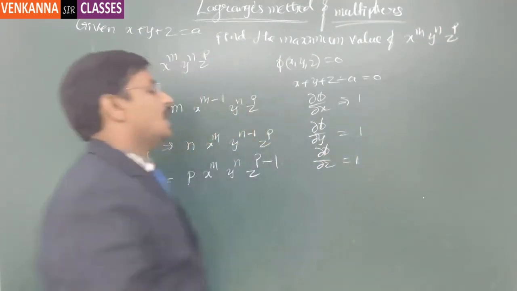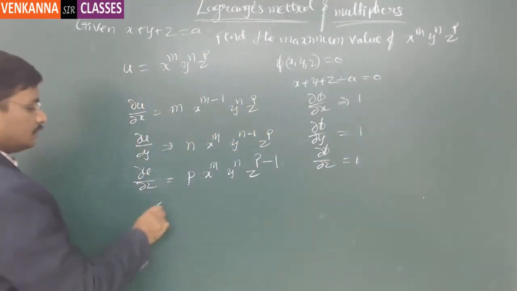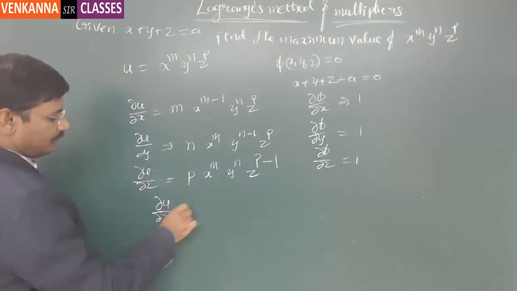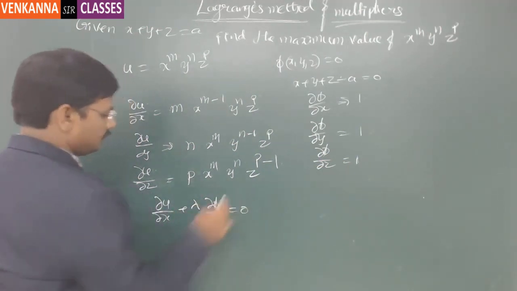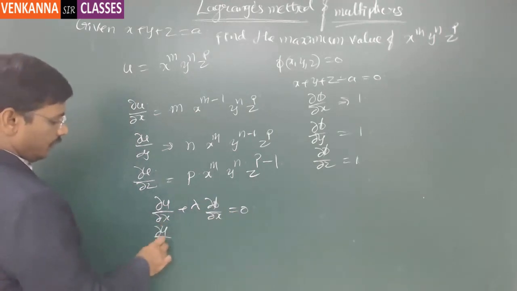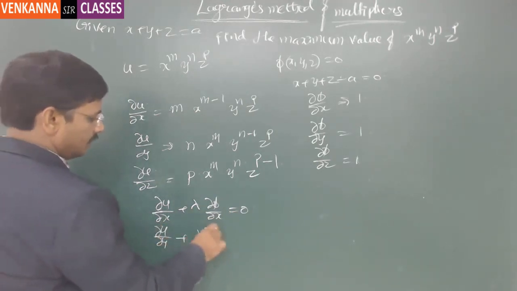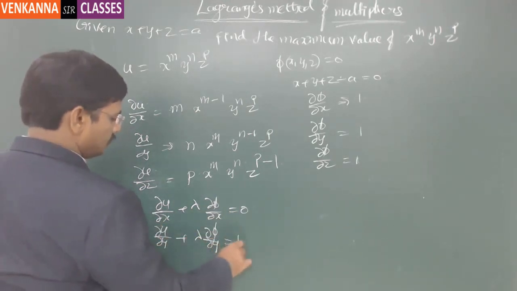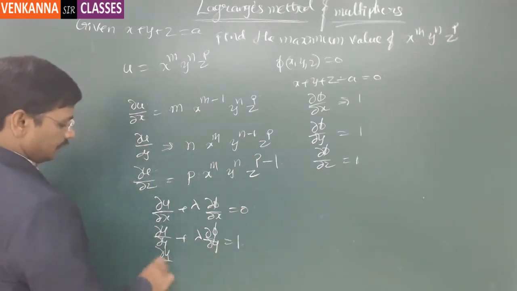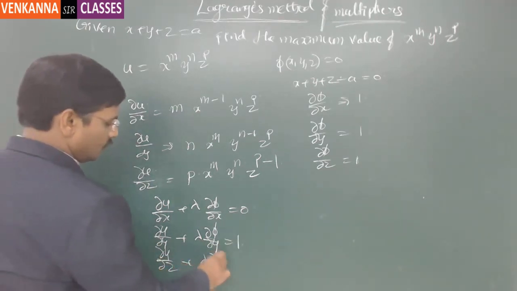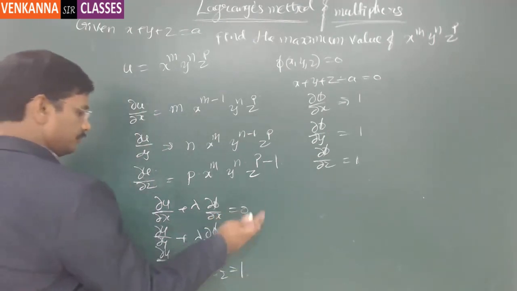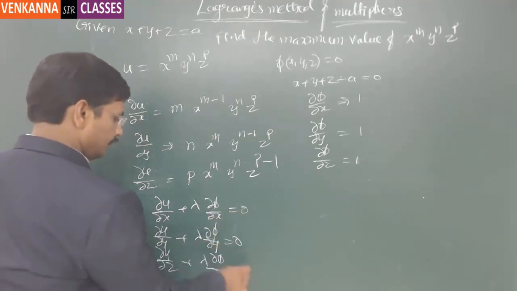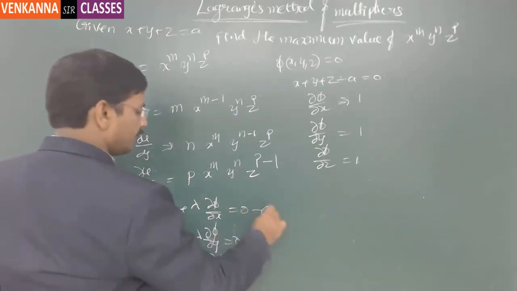Now, as per Lagrange's method of multipliers, dou u by dou x plus lambda times dou phi by dou x is equal to 0. And similarly, dou u by dou y plus lambda times dou phi by dou y is equal to 0, and dou u by dou z plus lambda times dou phi by dou z is equal to 0. So these are the three different conditions.